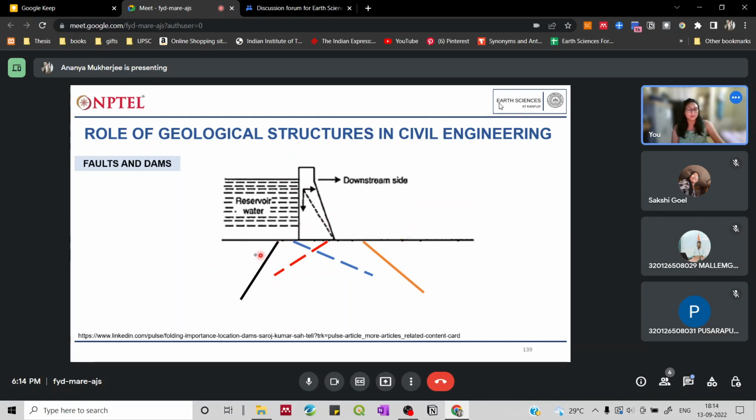But if we have such faults over here, whether they are active or not, it will still cause damage, because as we have seen before, seepage and water percolating along these weak planes will again reduce the stability of the dam.